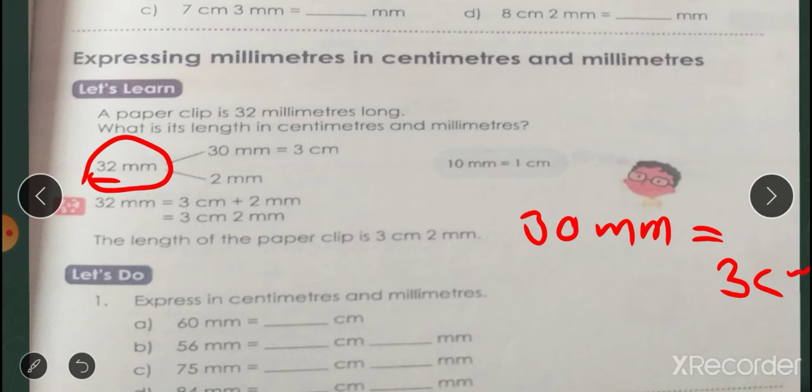Here we have split 30 millimeters into 3 centimeters, and the remaining 2 millimeters would be written the same. Now 32 millimeters, if converted into centimeters and millimeters, we would get 3 centimeters and 2 millimeters.